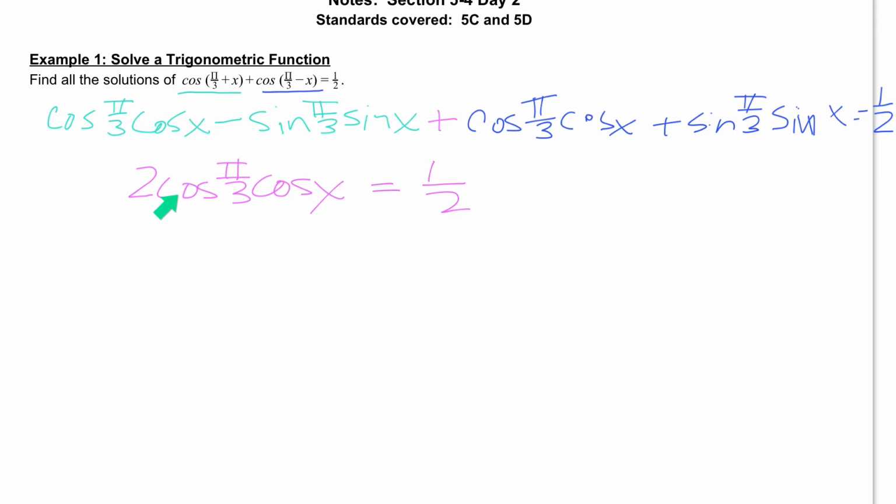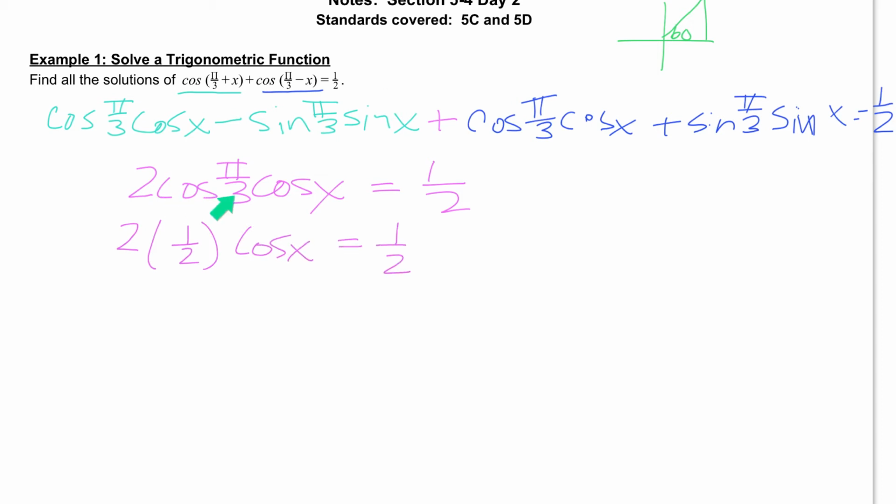Then I can look to evaluate, and I want to evaluate the cosine of pi over 3. Pi over 3 is going to be in my first quadrant with a reference angle of 60 degrees. Cosine is going to be down here, which would be across from the 30 degrees. So cosine of pi over 3 is just 1/2. So I'm going to get 2 times 1/2 times the cosine of x equal to 1/2.